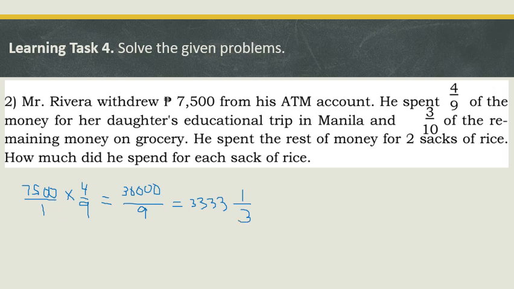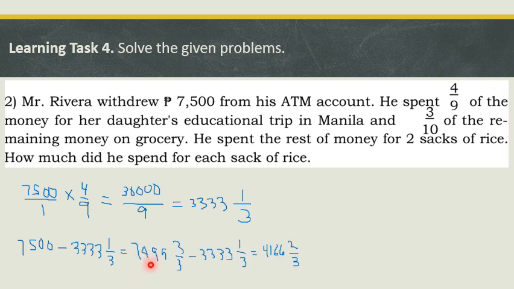Kung 3,333 and 1/3 ang ginastos niya, so, i-subtract natin yon sa 7,500. So, ito ay magiging okay. So, ito po ay magiging siya ay magiging 7,499 and 3/3.